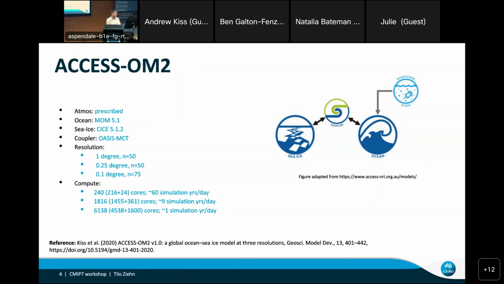In terms of compute, the 1 degree resolution uses 240 cores, and we get about 60, I hope these numbers are right, 60 simulation years per day. The 1/4 degree version, roughly 1,800 cores with 9 simulation years per day. And the 10th degree version, more than 6,000 cores and roughly 1 simulation year per day. A bit updated actually.